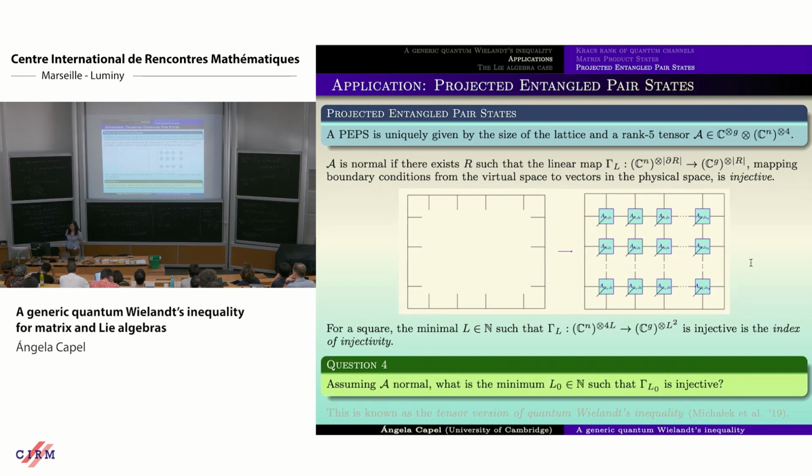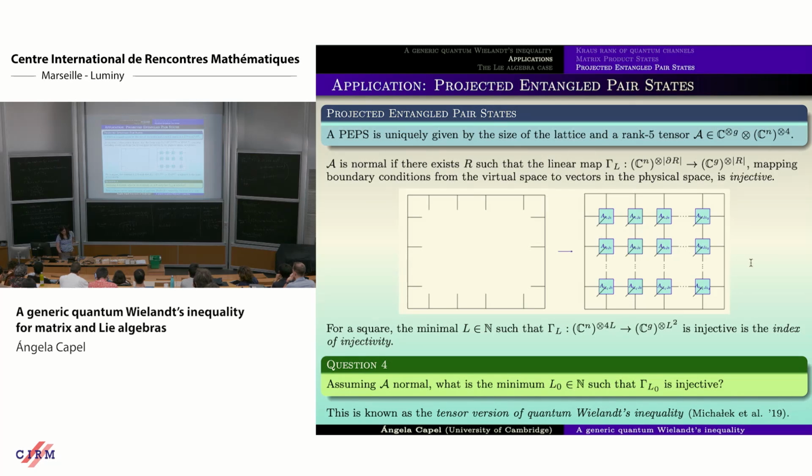So a natural question now would be, if we assume that the tensor is normal, what is the minimum length such that the gamma of that length is injective? And this question, of course, is totally analogous to the Wielandt inequality that I was mentioning before, and this was introduced in 2019 as the tensor version of quantum Wielandt's inequality.